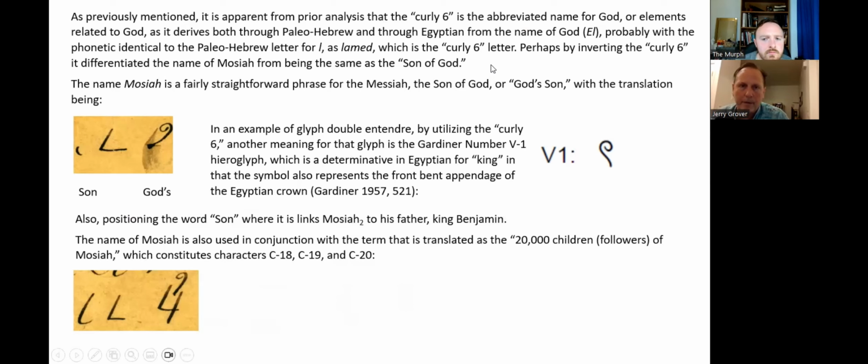We talked about that in the previous presentation: it means L, the name of God, and I think we'll see that when I get to Samuel too. So you have kind of the name of God's son. Those two characters had the L-looking one, and that means son.